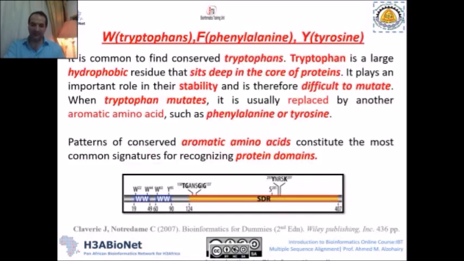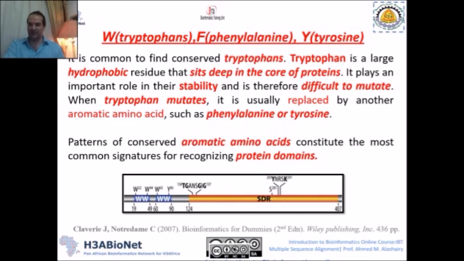For example, if we take a look at tryptophan, phenylalanine, and tyrosine, we know that these 3 amino acids are usually set deep in the core of the protein. They are important for stability, and of course they are difficult to mutate.